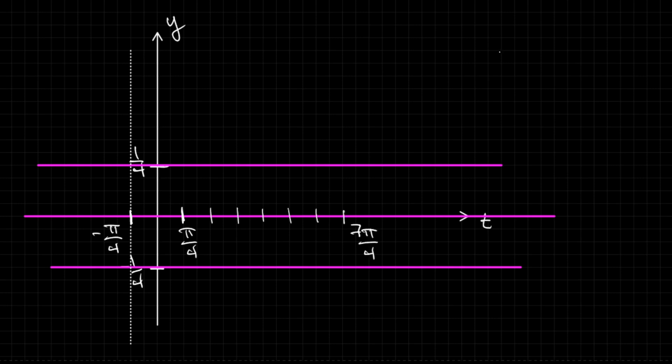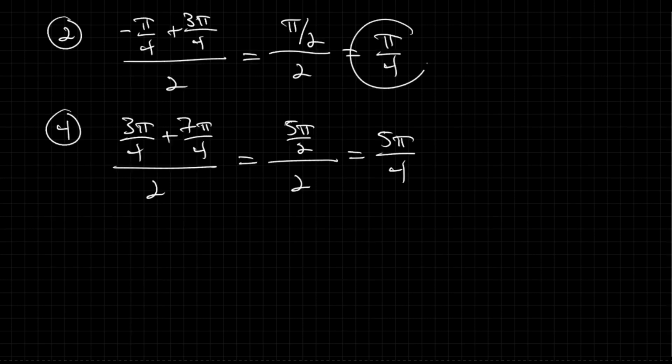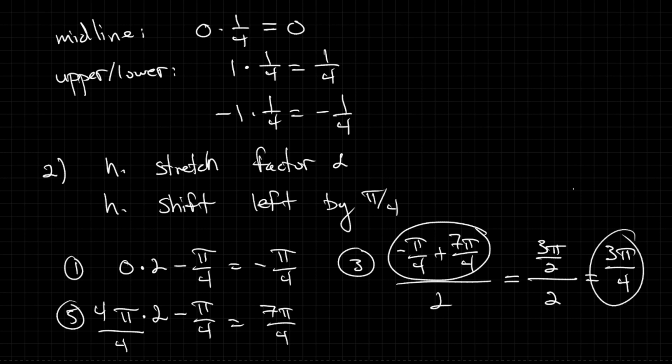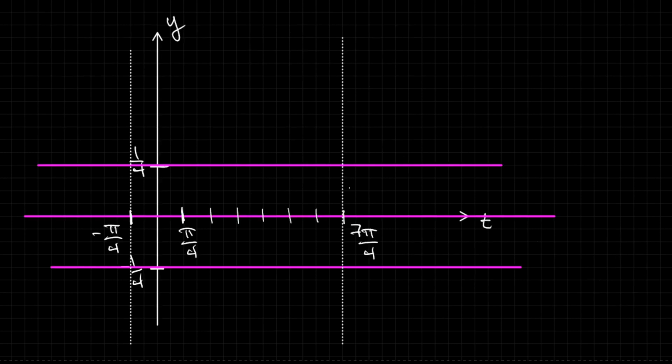So that's where our second asymptote will be. And let's draw that in. After that, we'll need our second coordinate to be pi over 4, which I've already marked. Our third is 3 pi over 4, and then 5 pi over 4. So there's 3 pi over 4, and then 5 pi over 4 is here. And you see I have 5 equally spaced points here, which is exactly what you should get every time here.